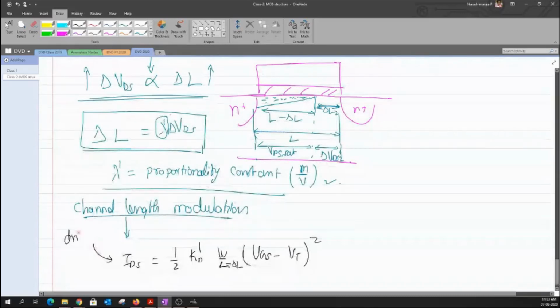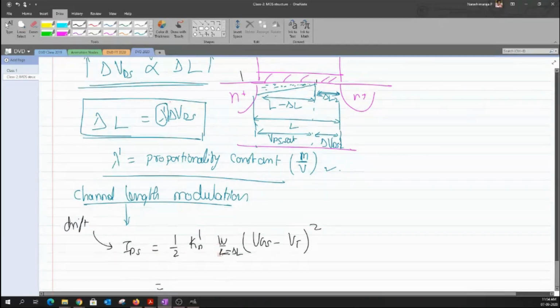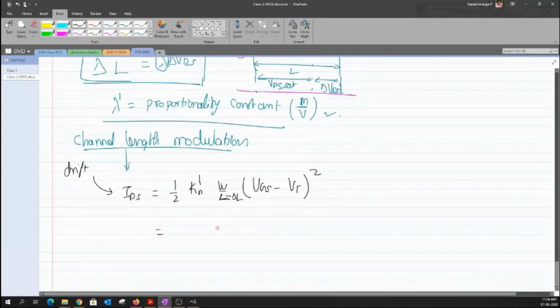So I have to look where exactly the drift is happening. The electric field between this point and this point is what makes the carriers move, and due to which I would write the length of the channel as L minus delta L. Now one could pull out the value of L and end up having 1 minus delta L by L out of this equation.